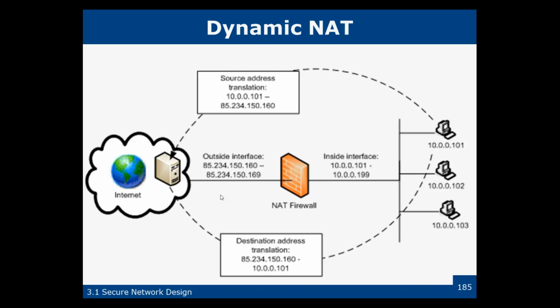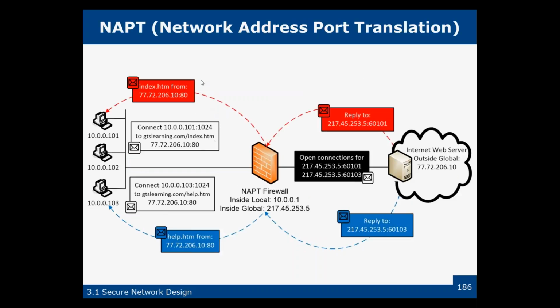The issue here is we may run out of addresses if a lot of our users need to get on the internet. To do that, we can use an overload, a network address port translation. If we run out of addresses, we can use a command called overload to shift from a one-to-one to a port translation.